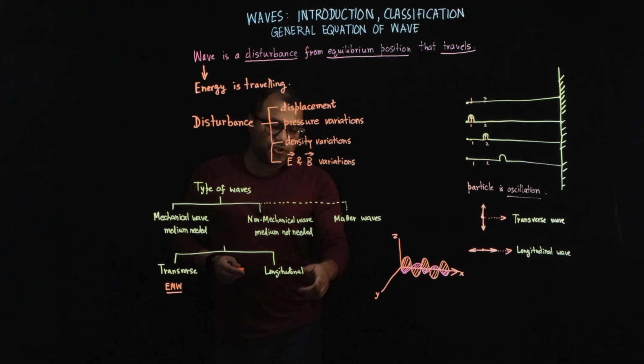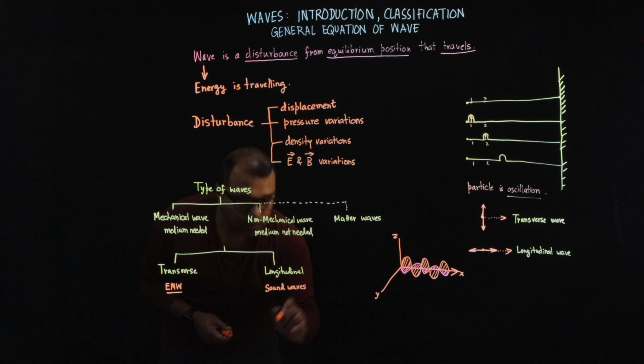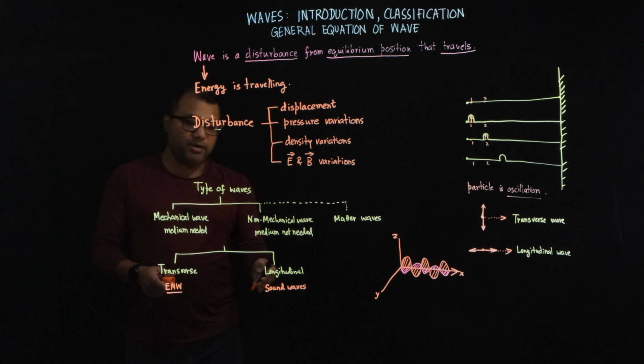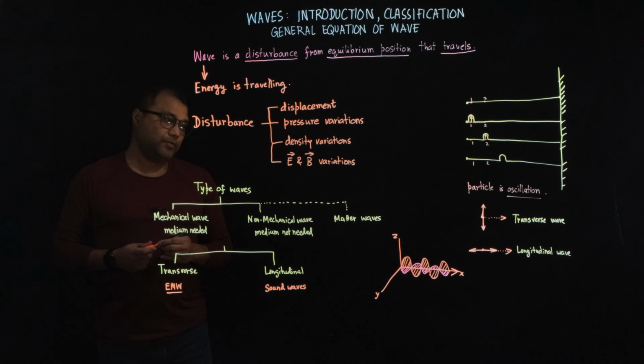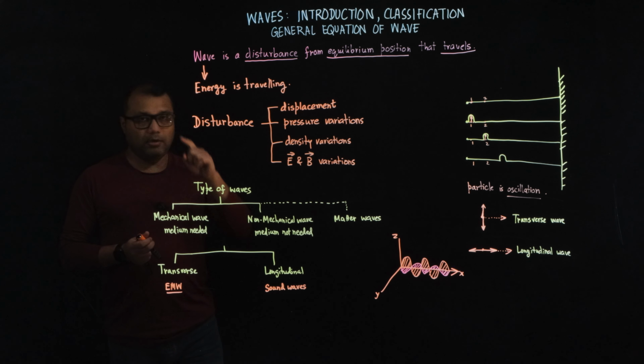Longitudinal waves could be sound waves. Ripples in water are a combination of longitudinal and transverse waves because both types of variations can happen.